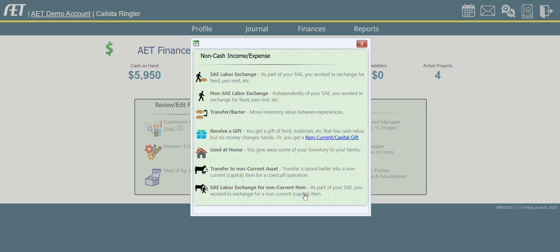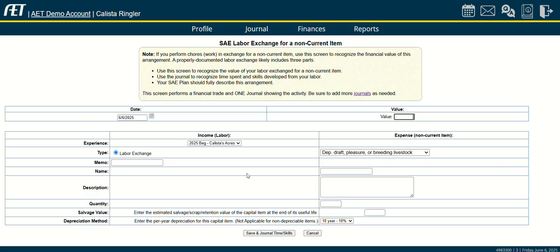So let's say with my example that Dad is letting me take care of a couple acres for working on the farm. So I hit SAE labor exchange for non-current items, and I need to say what my income is. What am I getting from this, and where am I losing something? What date is this occurring on, and what is its value?